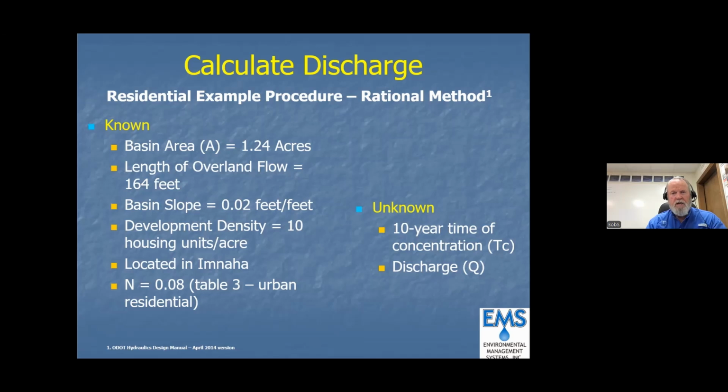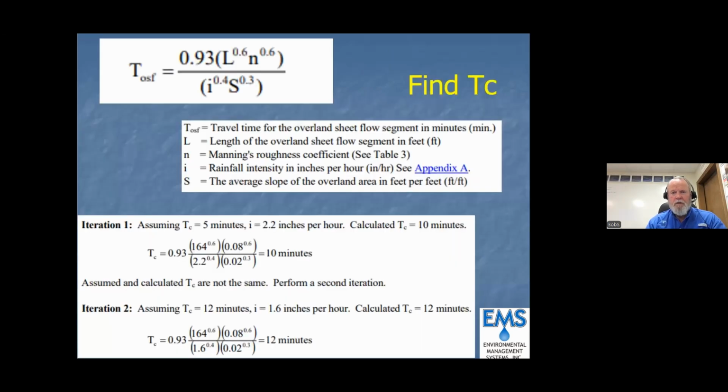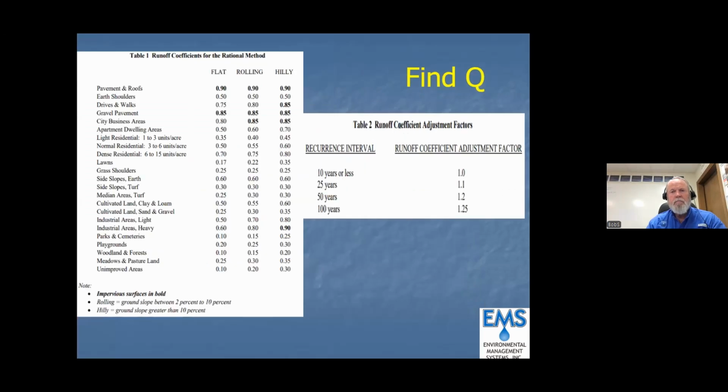We talked about the calculations, some of the resources for doing those calculations, and typically you're dealing with a manual that is specific to your area and your jurisdiction. But the general calculations are going to be similar.